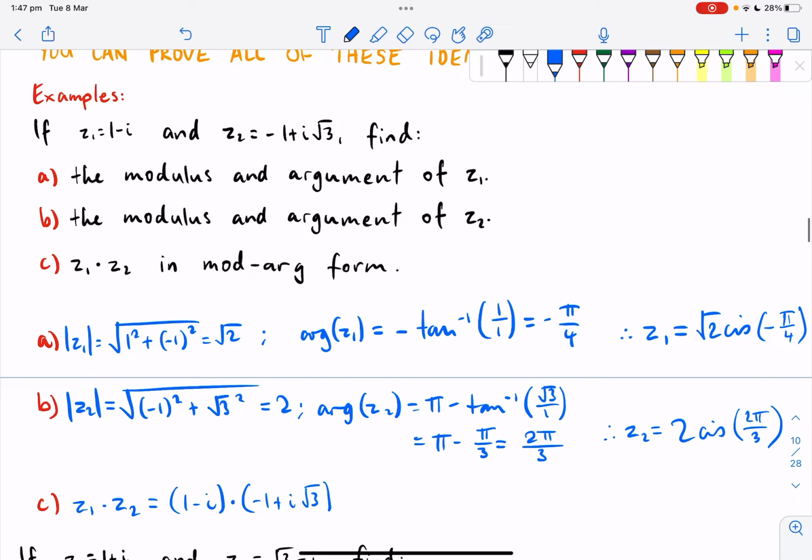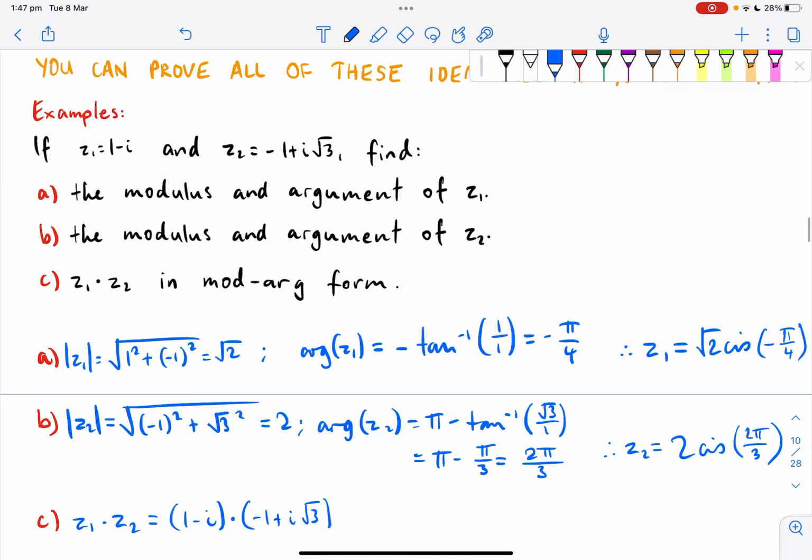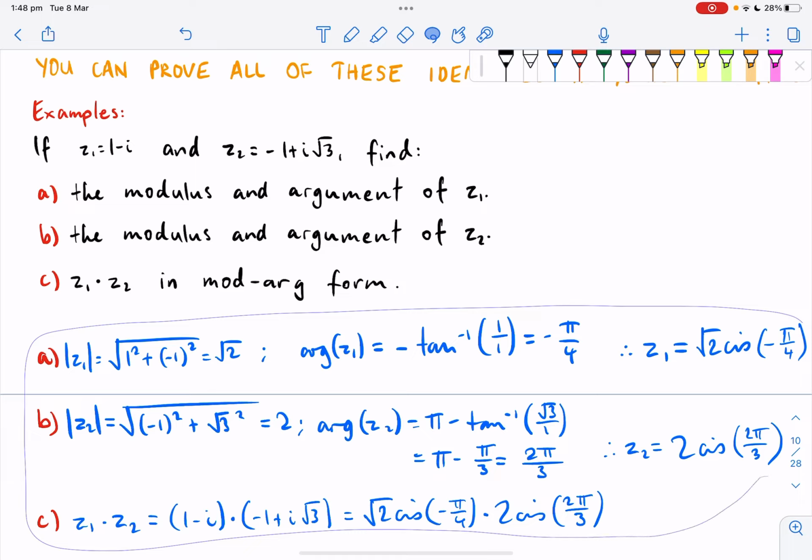So this means we will get root 2 cis negative pi on 4 times 2 cis 2 pi on 3. I just need to create a little bit of space here.